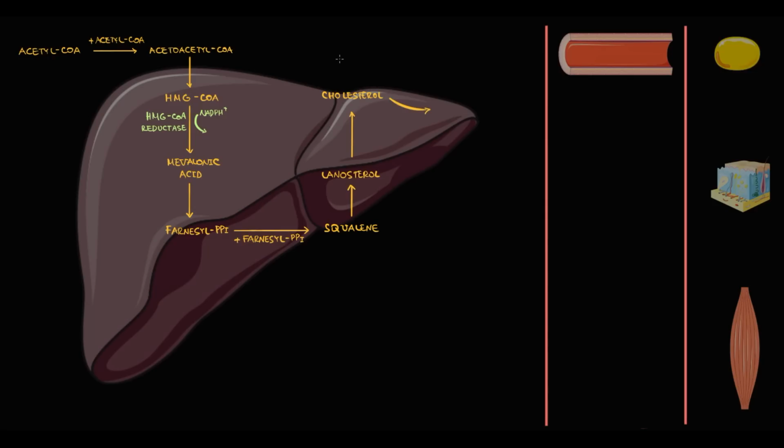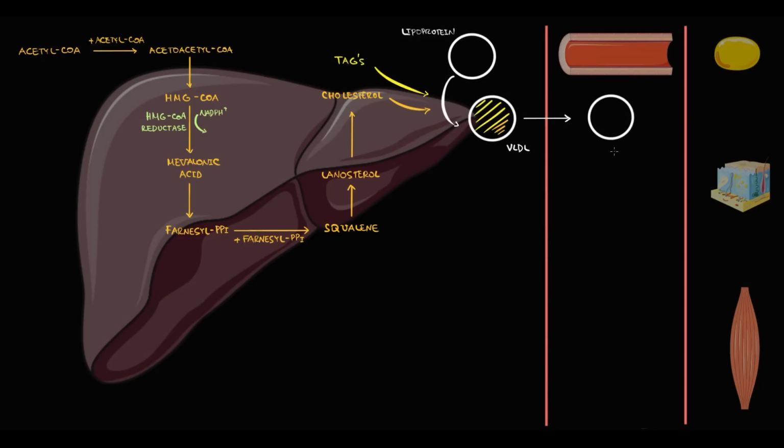To deliver cholesterol to peripheral tissues, liver packs cholesterol together with triacylglycerols into the lipoprotein, and the final result is the production of a very low-density lipoprotein particle. By the blood, very low-density lipoproteins deliver triacylglycerols to peripheral tissues.